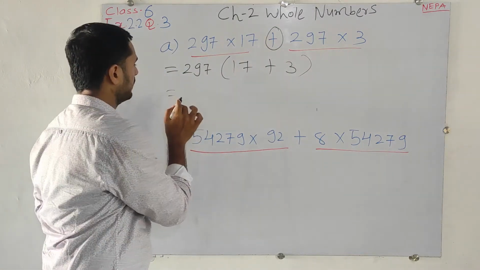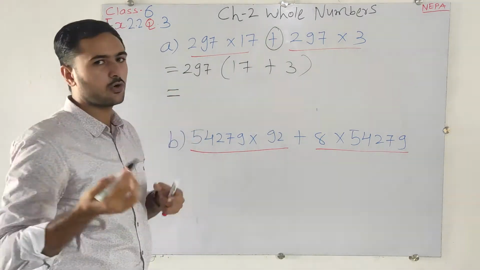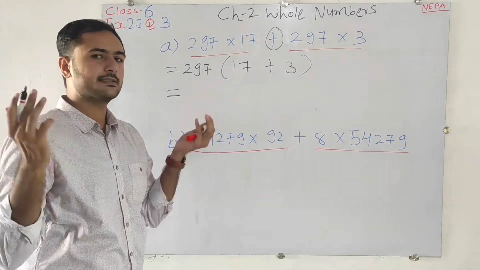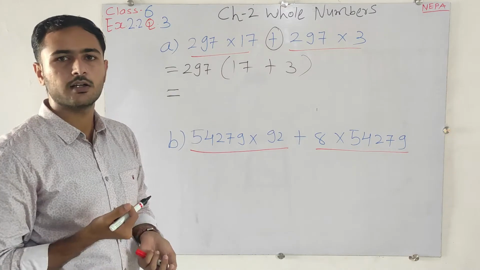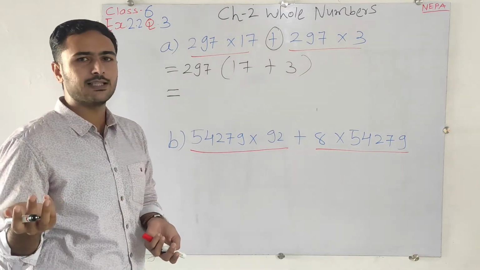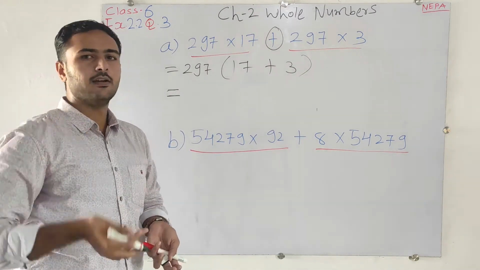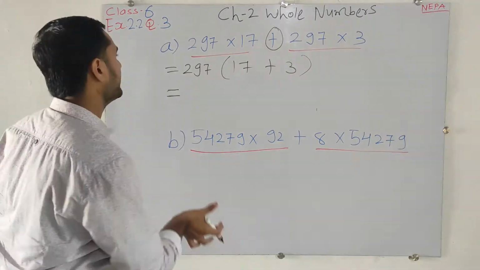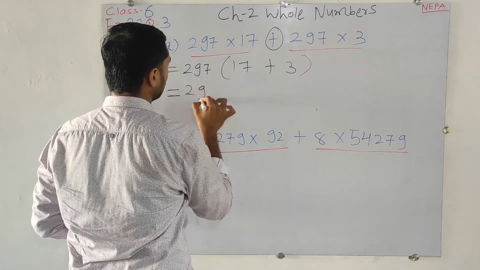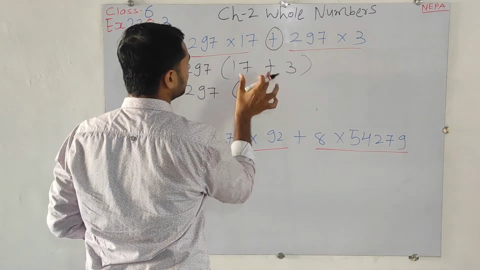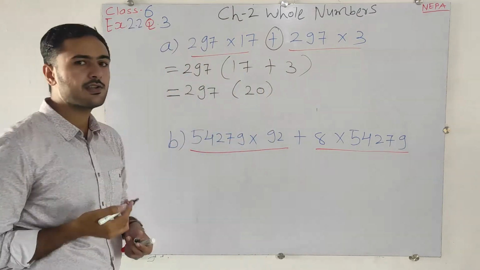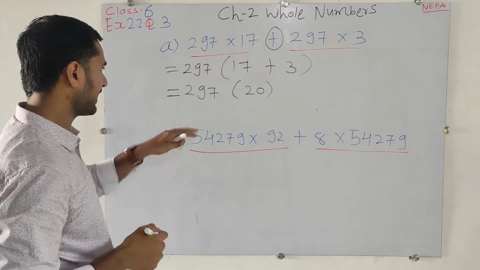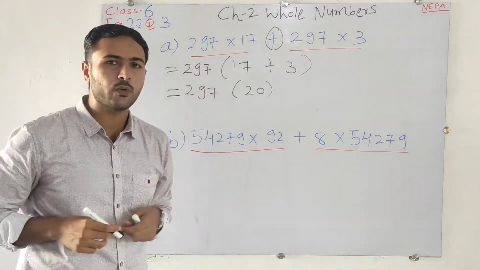Now first of all, we will solve the bracket according to our rule, because math says that we always have to solve the brackets first. I hope you know very well the BODMAS rule. So 297 bracket 17 plus 3, that is 20. Now the question is, what will we do? Is 297 multiplied by 20 our answer?